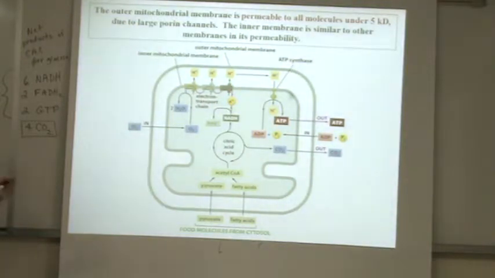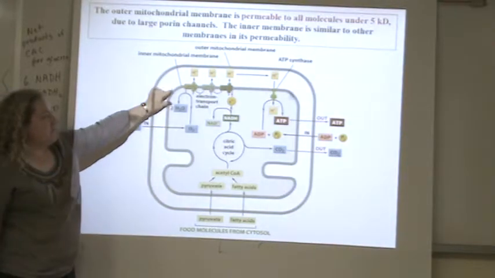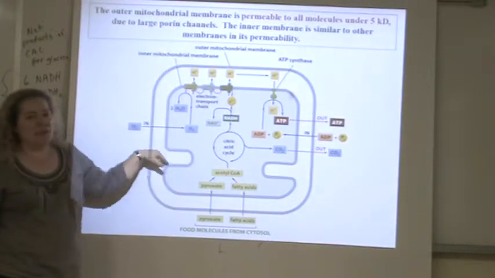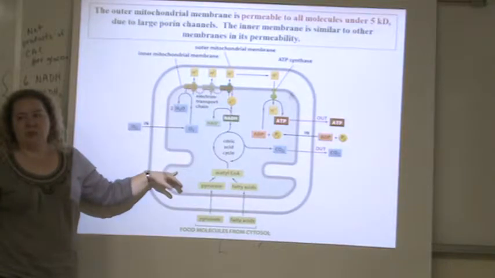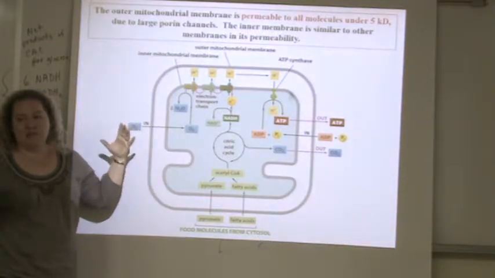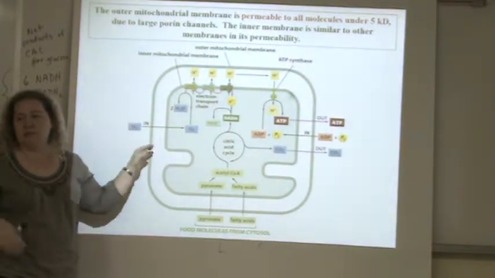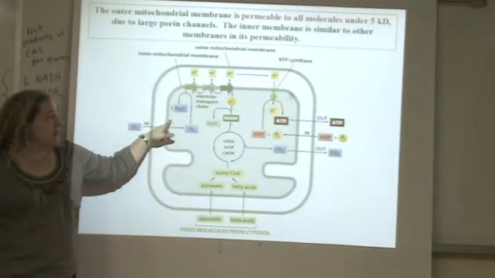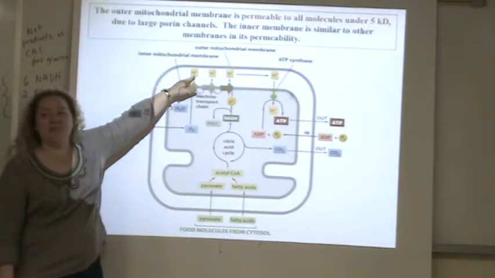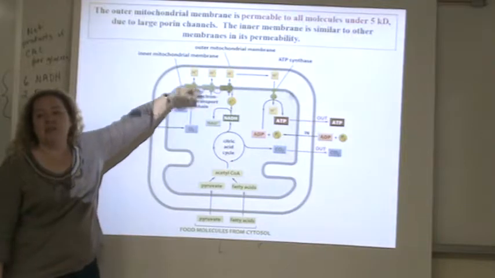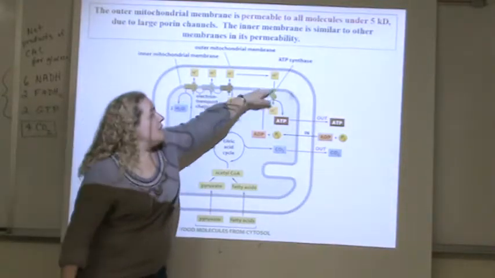It's fairly permeable. The inner membrane is more like any regular membrane. It doesn't have largish holes that will let things through. It better not, because it needs to be able to exclude protons from crossing back over anywhere except ATP synthase.